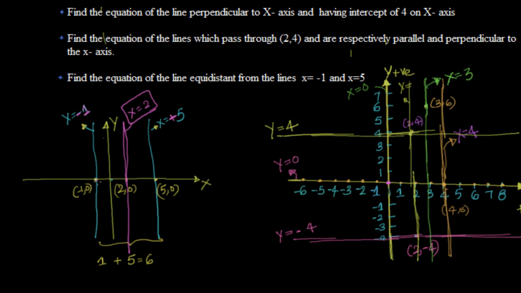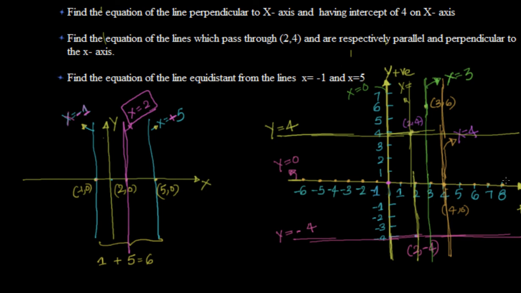Now the line which is equidistant between these two should be another line which is parallel to both of them and in the middle of them. That's the midpoint, minus 1 plus 5 by 2, which is 2. So (2, 0). It has to pass through (2, 0). That means it's at a fixed distance of 2 from the y-axis, and the equation of that is x equal to 2.